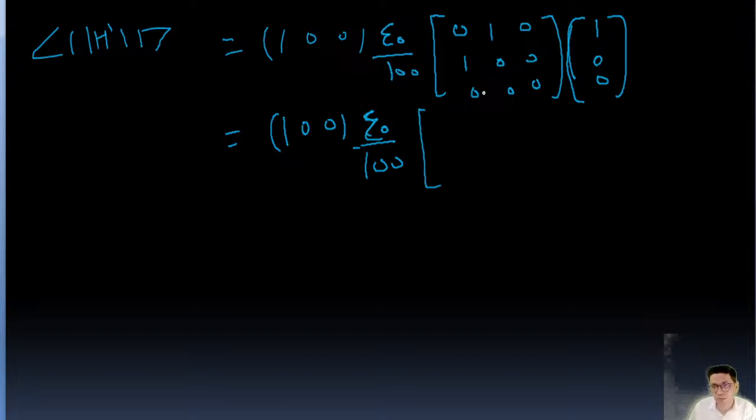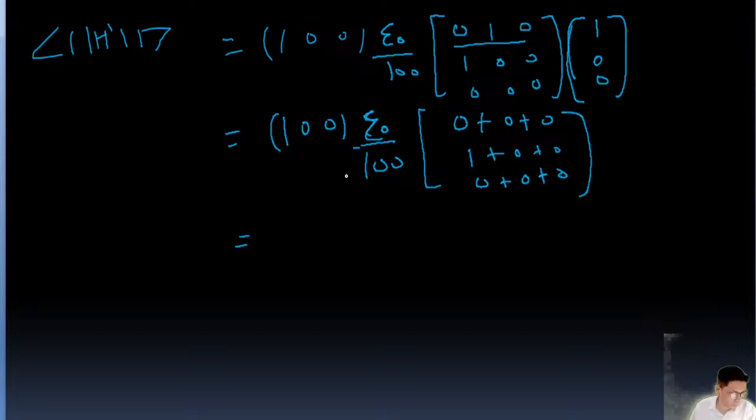So this one with this: 0 plus 0 plus 0, and this is 1 plus 0 plus 0, and 0 plus 0 plus 0. So this is going to be E0 upon 100 times (1 0 0), and this is (0 1 0).